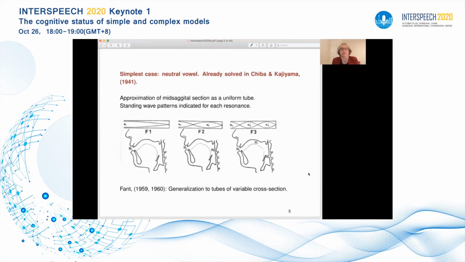So for F1, the first resonance, that corresponds to the quarter wavelength. For F2, 3/4. For F3, 5/4. Now, Fant carried out the generalization to tubes of variable cross-section, which was a very significant generalization and encompassed all of the vowels.